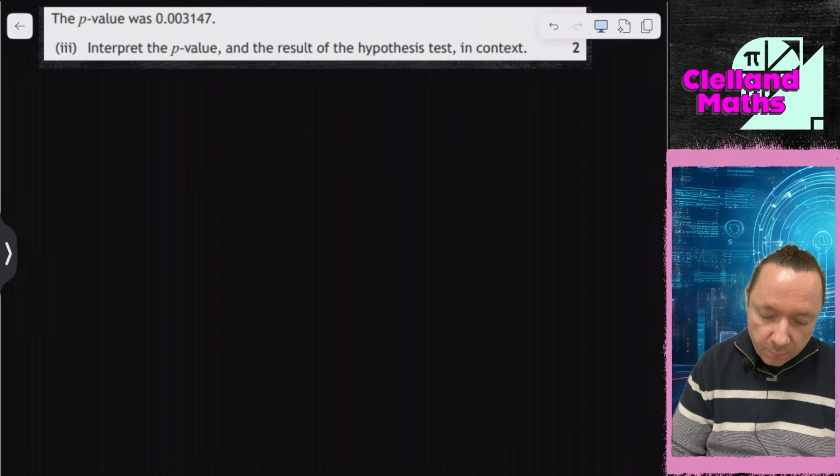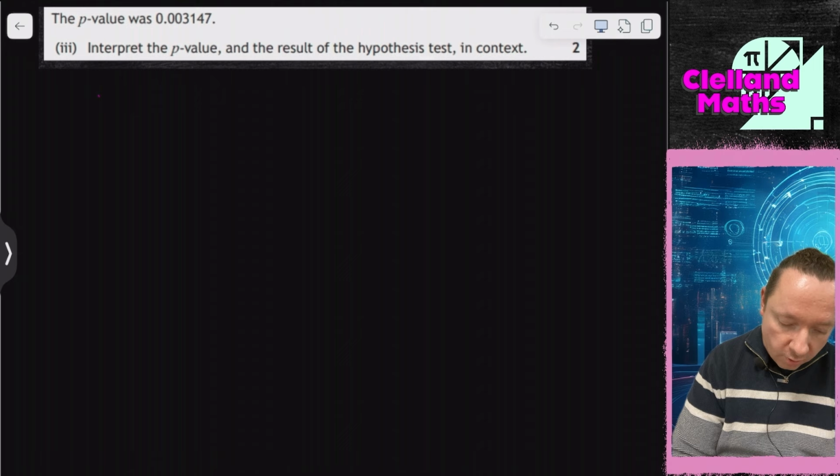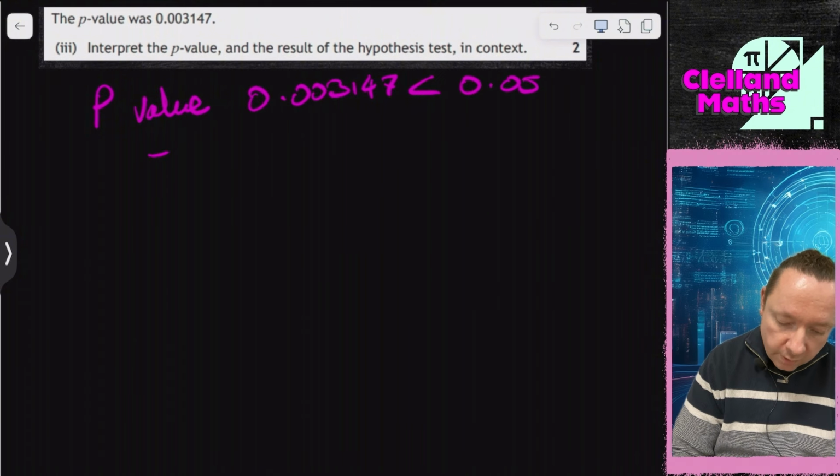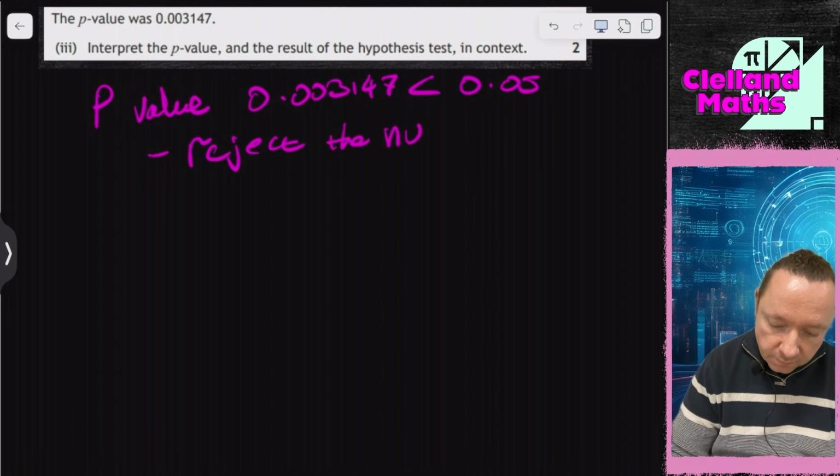Interpret the p-value in the result of the hypothesis test in context. So we've got p-value of 0.003147 is less than 0.05, so we can reject the null hypothesis.